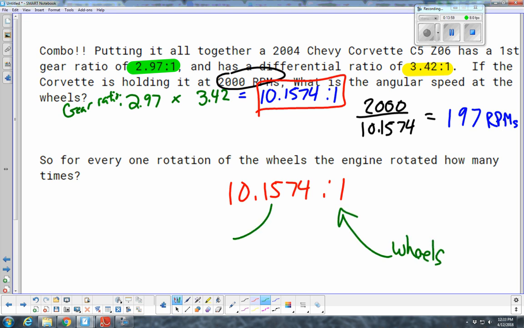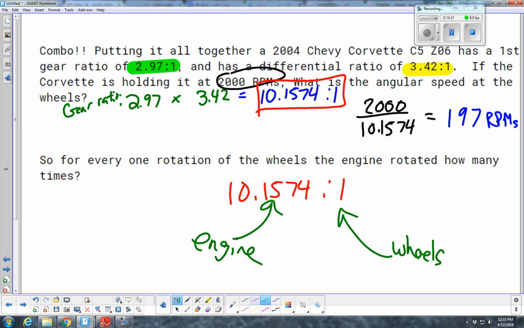Engine goes 10, wheels go 1. Engine did 10, wheel did 1. Engine did 20, wheel did 2. That's how it works. It's very easy. But this number came from above, from just multiplying the two gear ratios together.